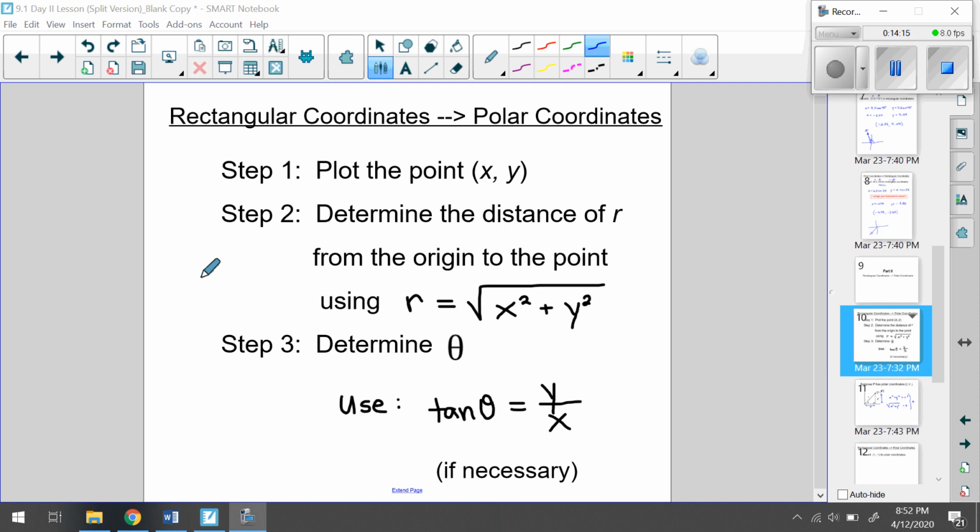And then step three, we need to determine the theta. And there's actually two ways we can do that. We actually can go back to step one. You might be wondering, why did I plot the point for? Well, sometimes when we plot the point, it's going to be a very obvious location that we'll know theta without doing any further work.